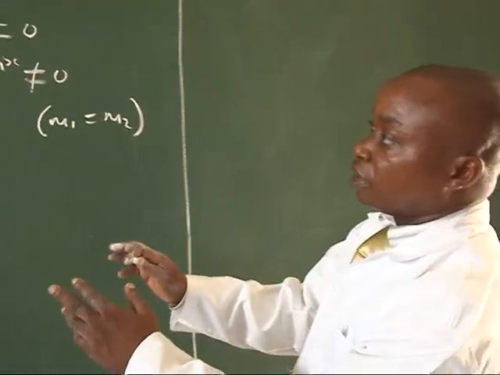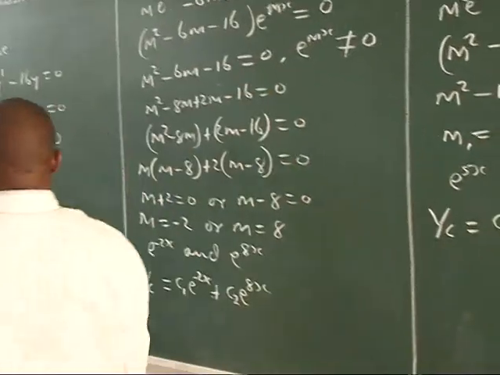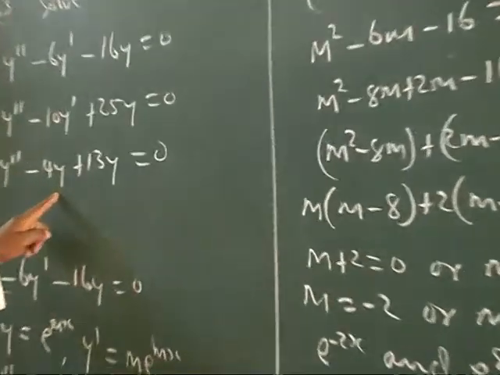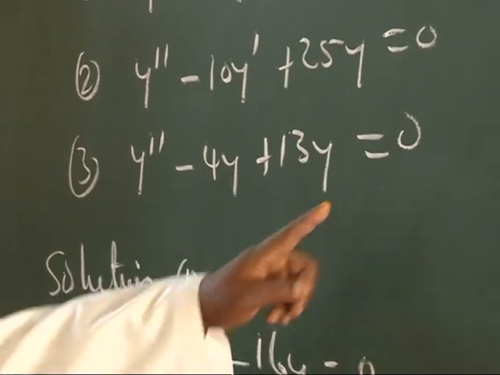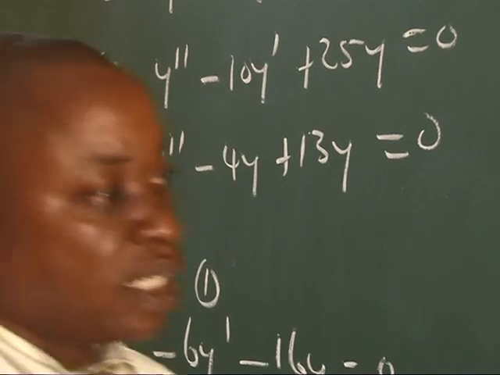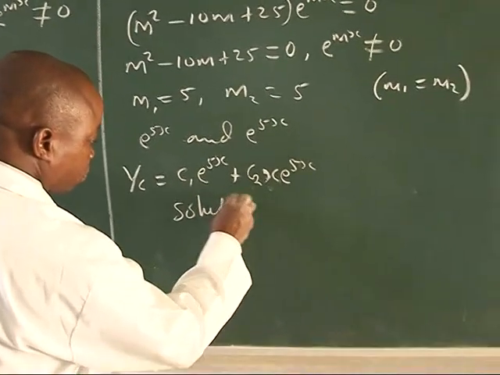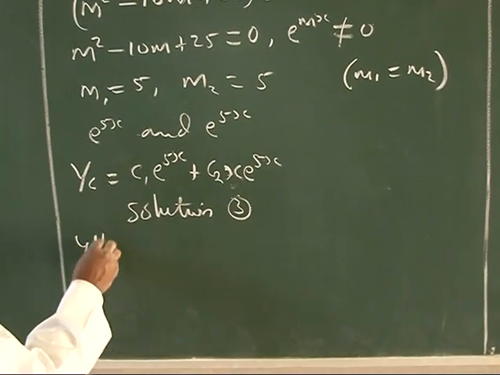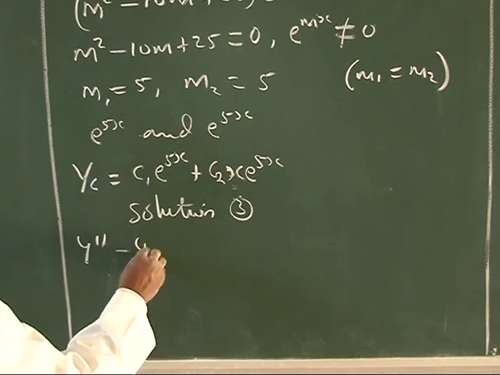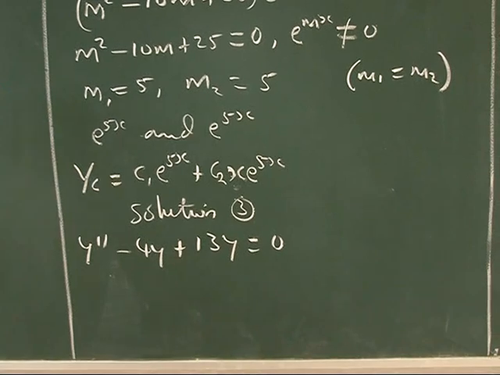Now for number 3, here we have y double prime minus 4y prime plus 13y is equal to 0. Let's look at that. Number 3, solution. y double prime minus 4y prime plus 13y is equal to 0.